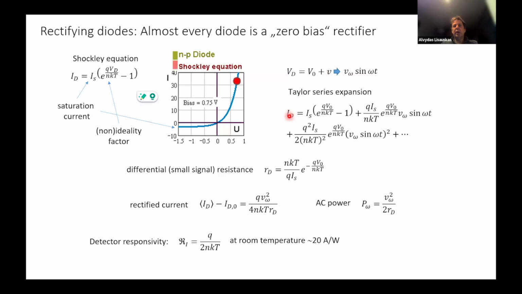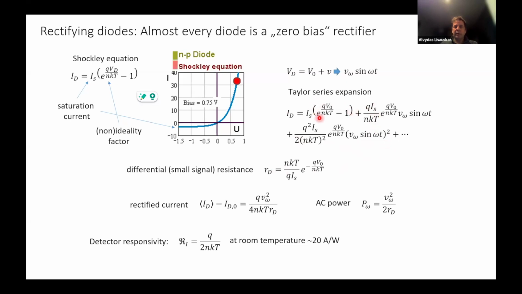Now let's do Taylor expansions of the current oscillations here to find out that we have a DC part and then an oscillating part, and then an additional second-order term in the variation of voltage that would be the rectified part, and so on. One can go to higher orders of variation.